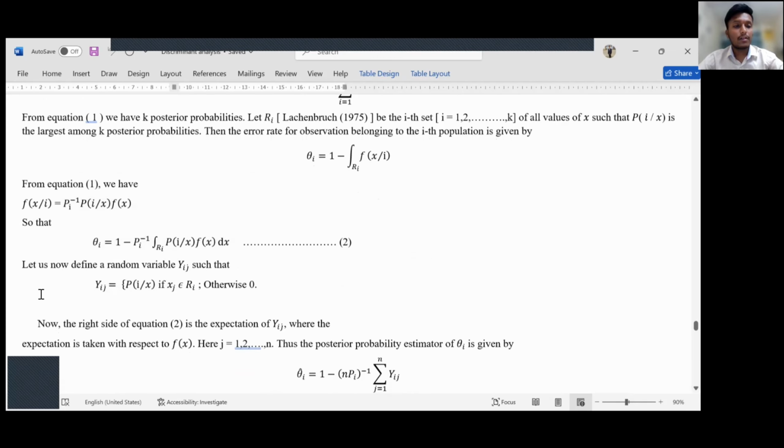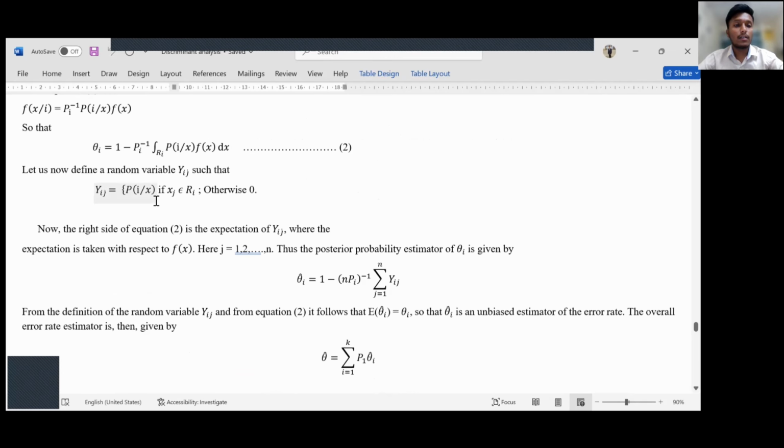So let us now define a random variable yij such that yij is equal to the posterior probability of i given xj if xj belongs to Ri, otherwise 0. Now the right side of equation 2 is the expectation of yij, where the expectation is taken with respect to f of x, and j runs from 1 to n.